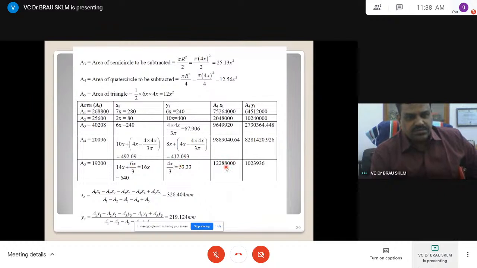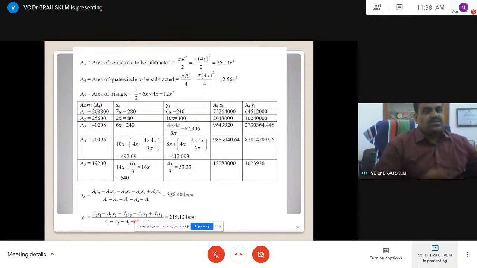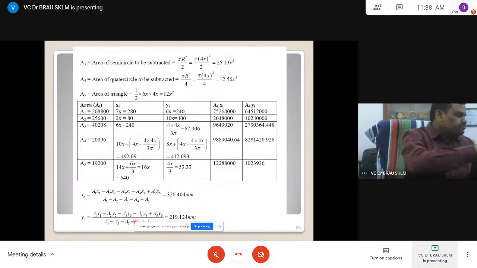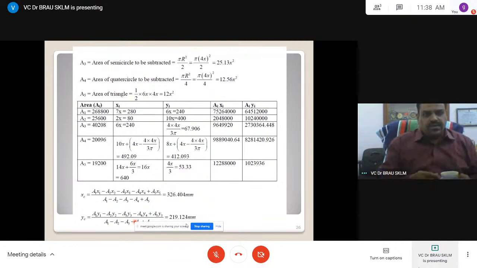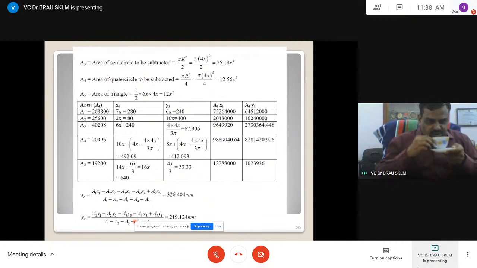Similarly here. We substitute all the data, we can find out xc and yc. See, this is how the composite section's centroid can be determined as per the geometry.